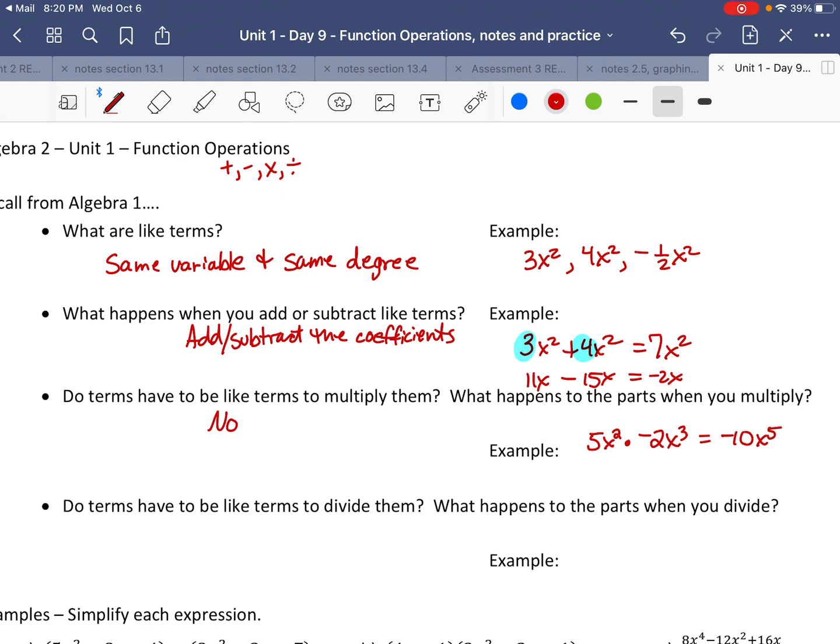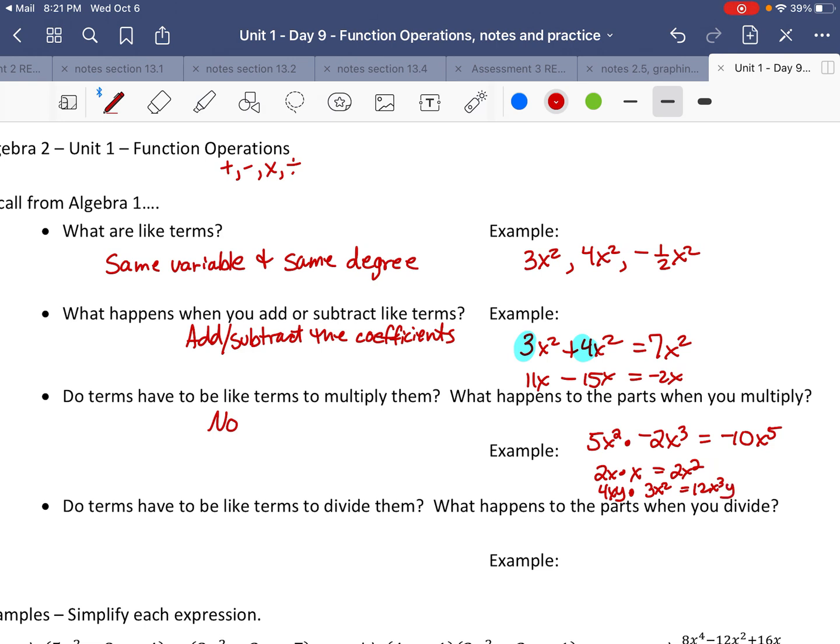We've been doing stuff like 2x times x, so we get 2x squared. You can even do different letters. Let's say you have 4xy and you're multiplying it by 3x squared. The 4 times the 3 makes 12. X and x squared make x to the third, and then the y has nobody to go with, so it just stays a y.